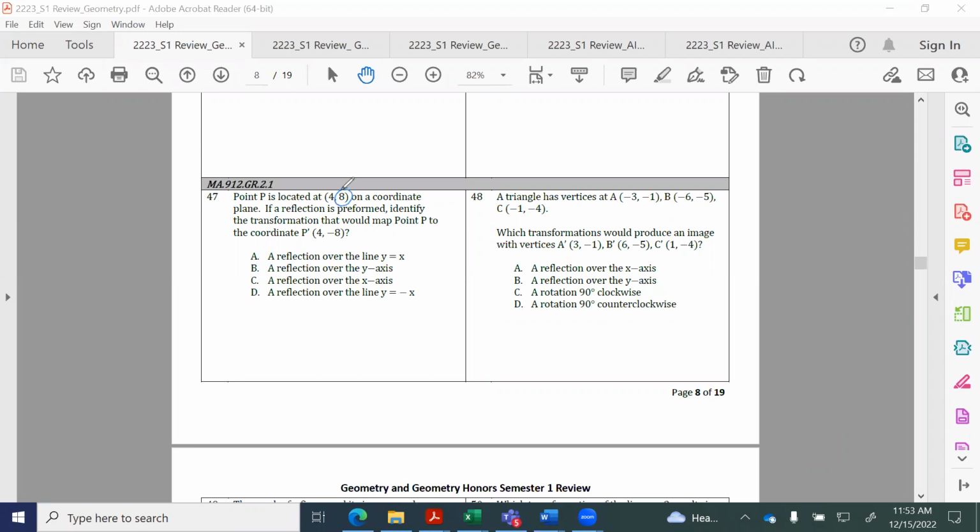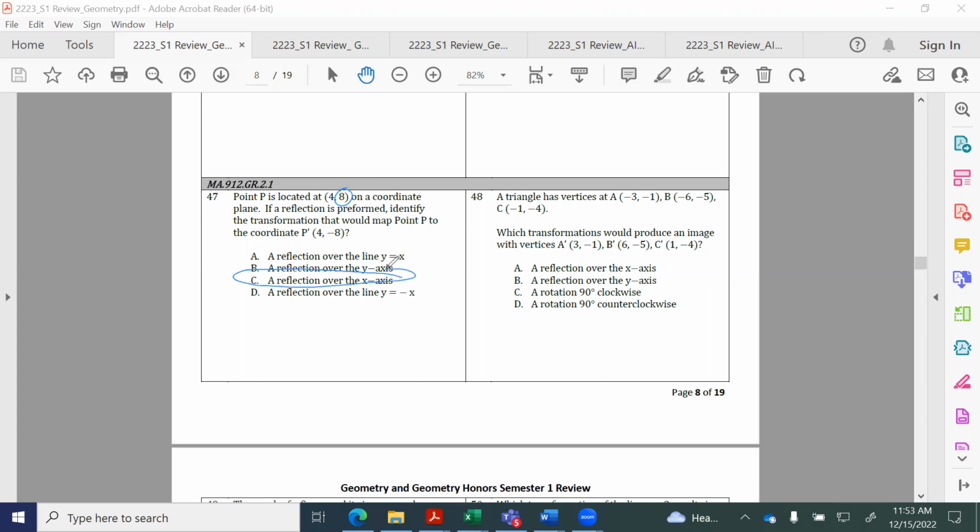The y value changed, right? So that'd be a reflection in which axis? That'd be reflected in the x-axis. The opposite value changes. If we reflect in the x-axis, the y value changes sign. If we reflect in the y-axis, then the x value changes sign. So on here, the y value is changing. This is reflected in the x-axis.